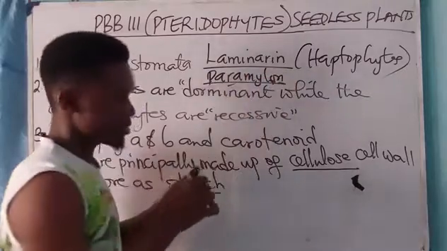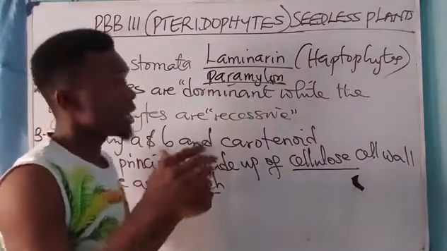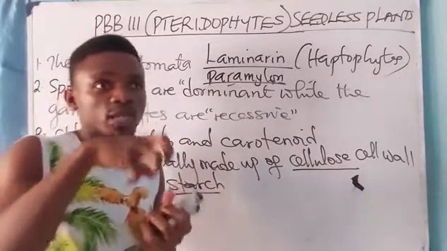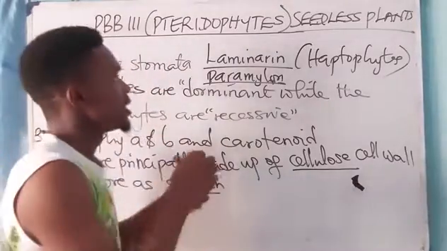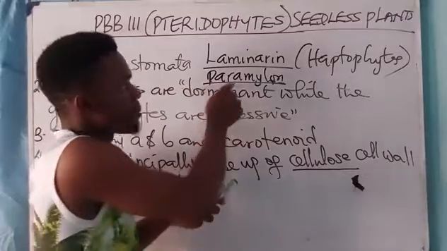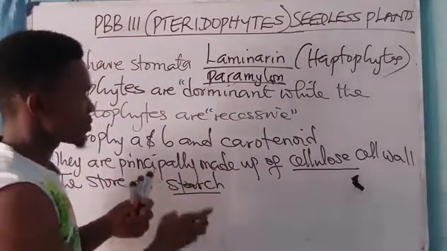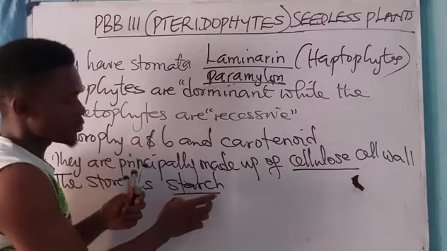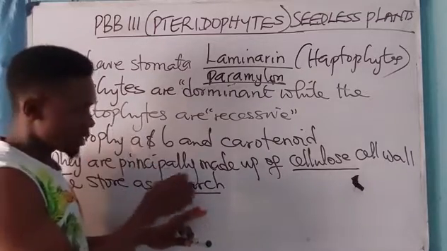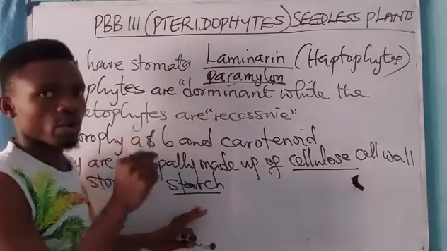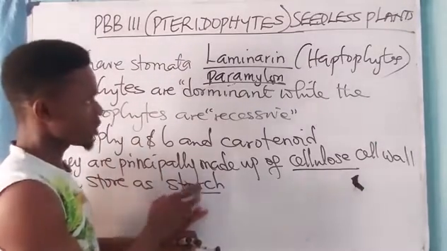The euglenoids are the organisms under division euglenophyta. They stock carbohydrate as paramylon. While the chlorophyta stock carbohydrate as starch. Even the cryptophyte also stores carbohydrate as starch. Take note of that.